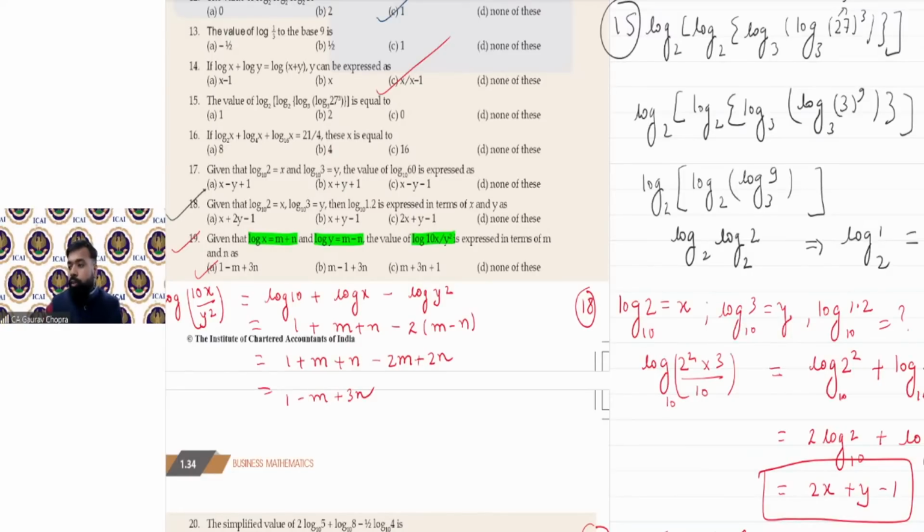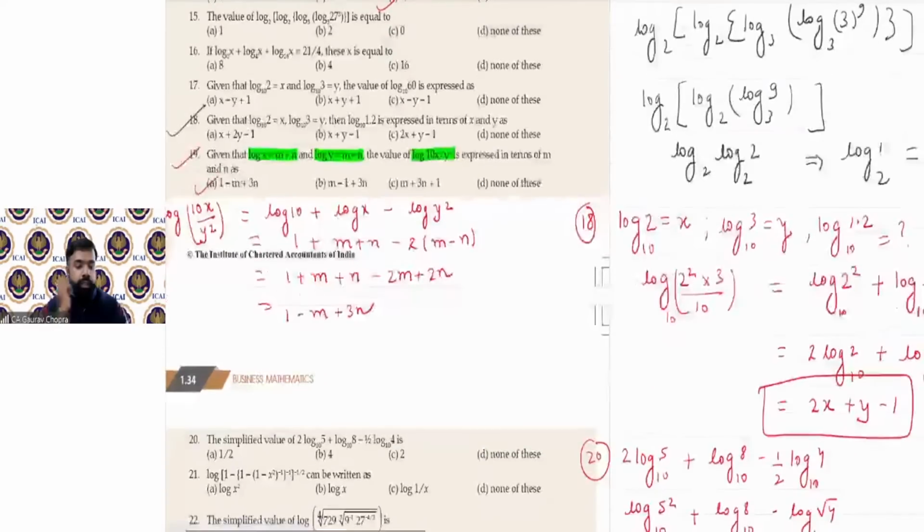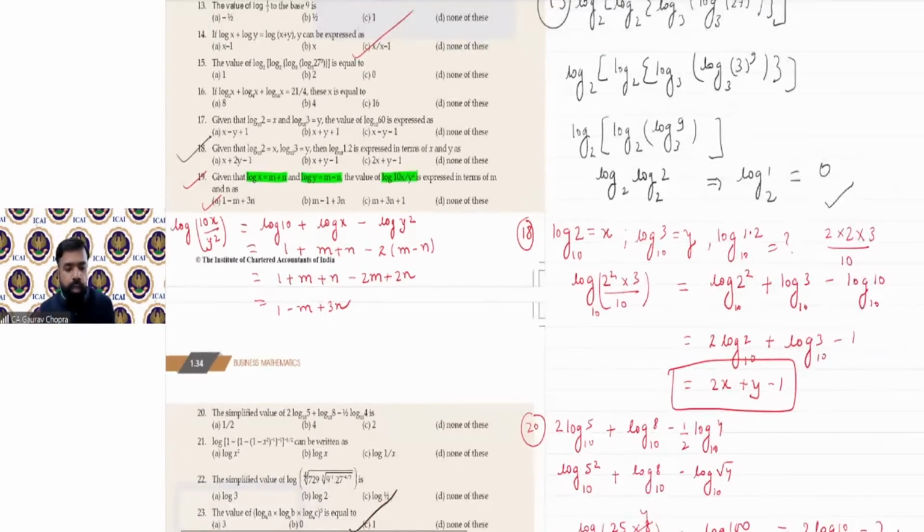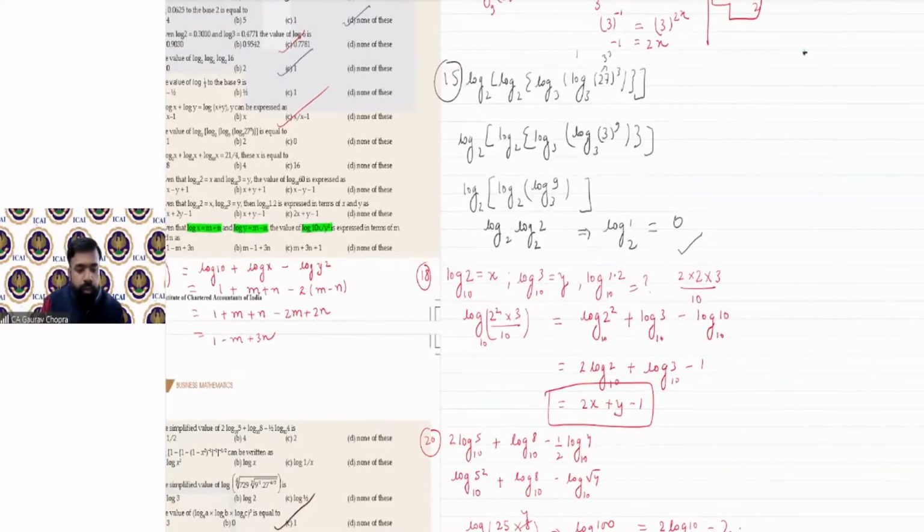Okay, there is one demand for question number 16. Let's do the last question for the day, question number 16. Log x base 2 plus log x base 4 plus log x base 16 is equal to 21 by 4, then x is equal to. So let's write this question.